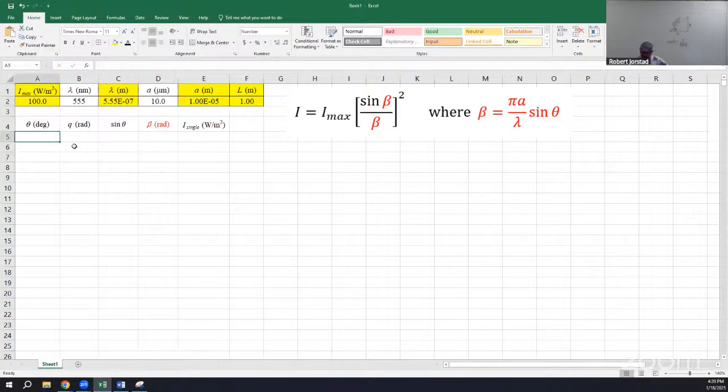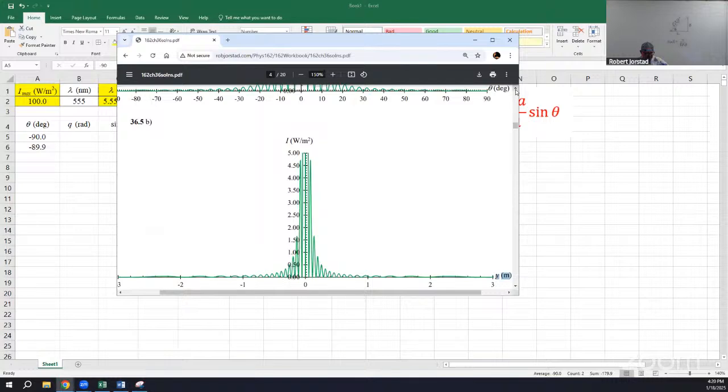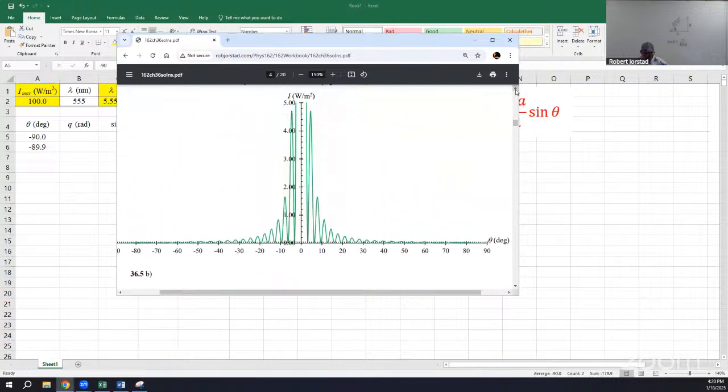Now, I recommended in this problem going from, say, negative 90 to positive 90 in increments of 1/10 of a degree. The reason is this plot curves wildly and rapidly. I can even show you what the plot ends up looking like. It ends up looking like, versus degrees, this one.